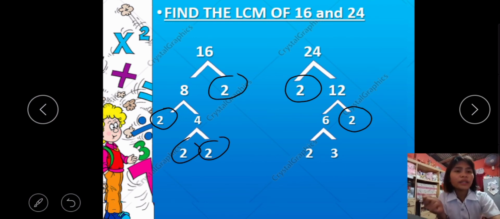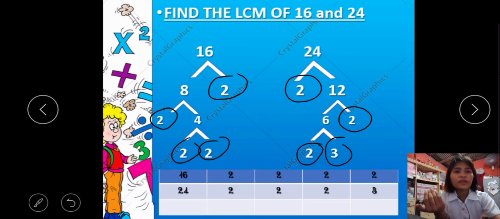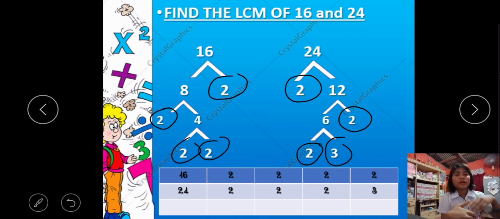Now, 2 and 3 are both prime numbers. So now, in factoring number 16, we have 2, 2, 2, and 2, while in factoring number 24, we have 2, 2, 2, and 3.